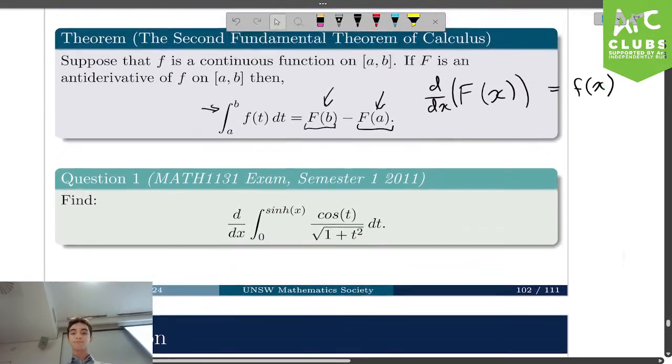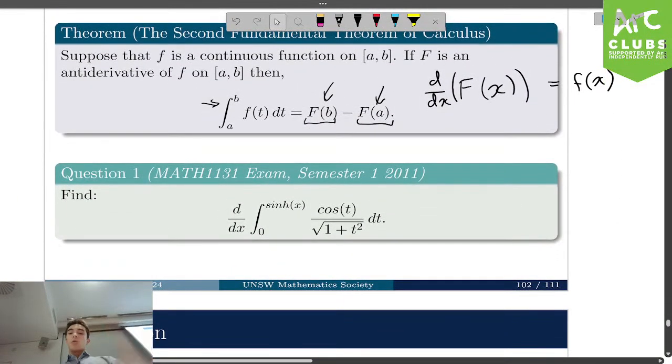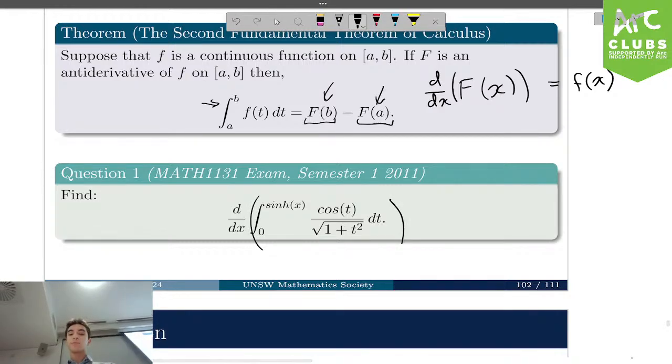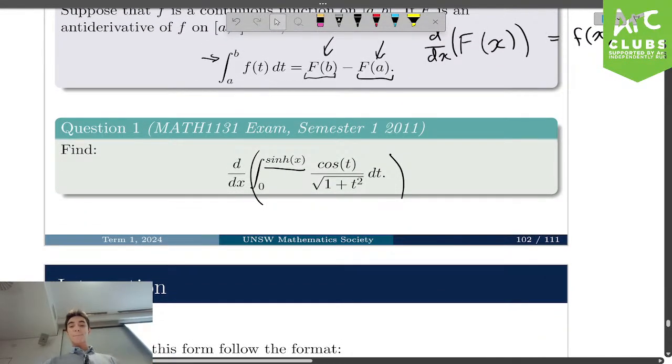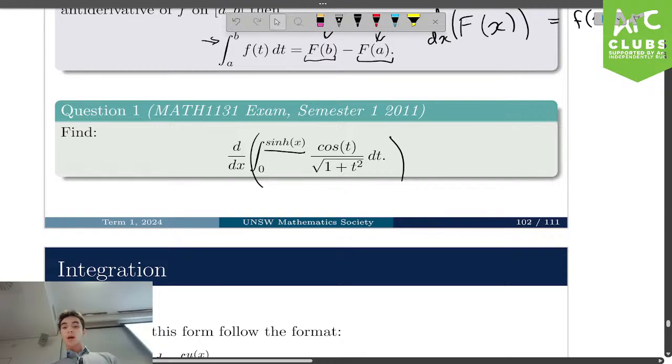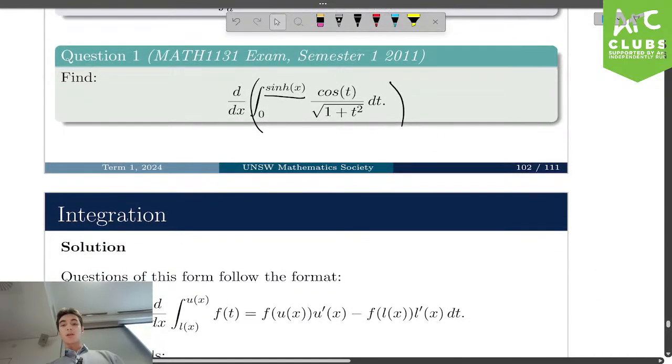All right. Now, we've got this question, right? This is a function defined in terms of x, except what x changes is actually the bound of the integral here, okay? And we're asked to find the derivative of this with respect to x. So, how do we do this, okay?